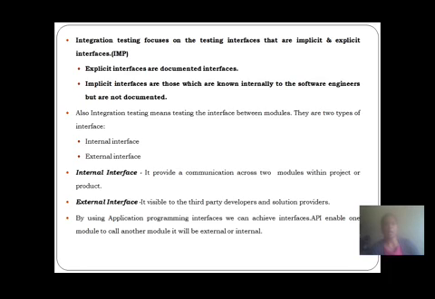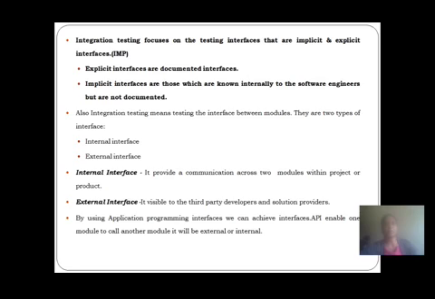We can achieve the interfaces by using application program interfaces, and the application program interface enables one module to call another module. It may be external or internal, depending on how it is working within an environment.